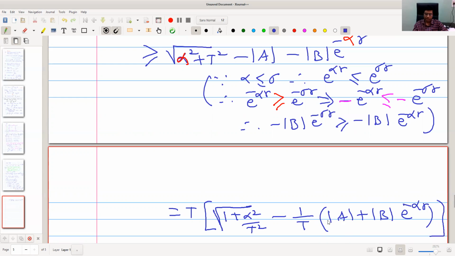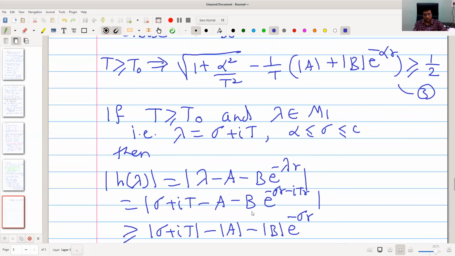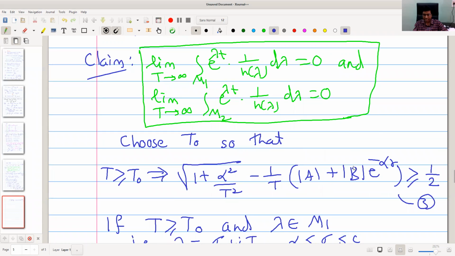Why am I writing it like this? Because of this thing, this is greater equal 1 by 2.